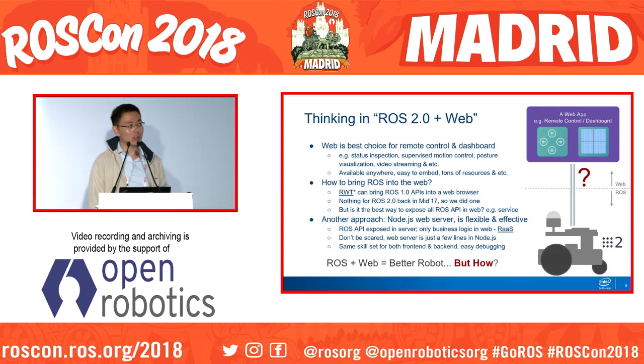And the web server is the only one who can talk to ROS. And the browser only knows the business logic. Thus, none of the ROS API is exposed inside the web browser. We call this solution Robot as a Service.